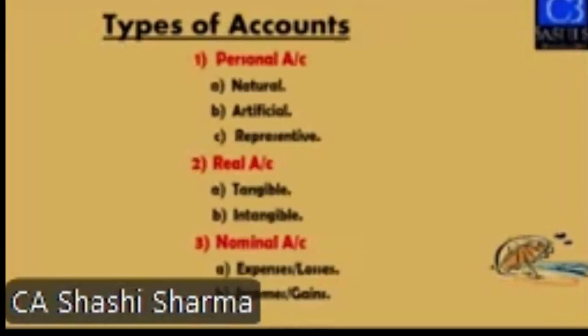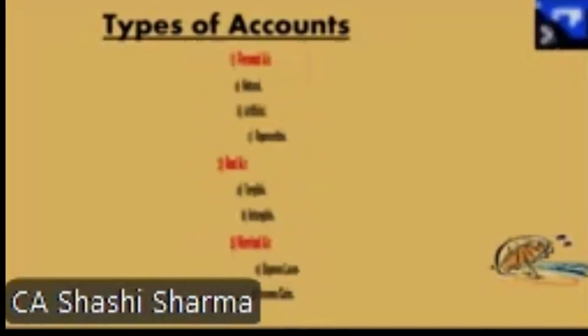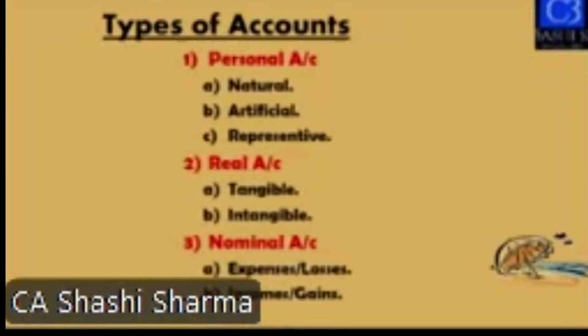Accounts, if we look at the broad categories, are classified as personal account, real account, and nominal account. All three words are visible on the screen in red color. Then there is sub-classification, classification inside the classification.